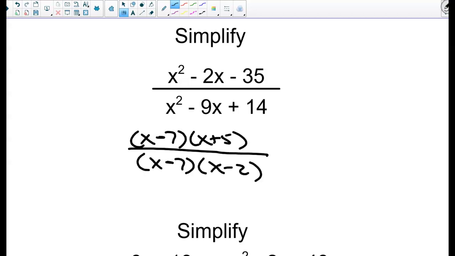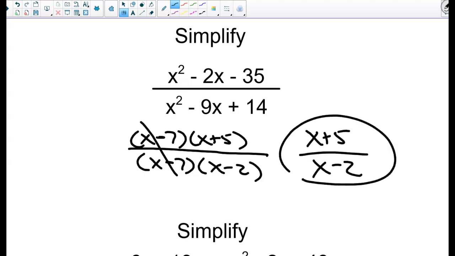Now, on the final, they don't really talk much about what can't equal 0. We actually make it kind of simple for you. That cancels, and your answer is x plus 5 over x minus 2. And that's it. It's really not as in-depth as it quite possibly could be.